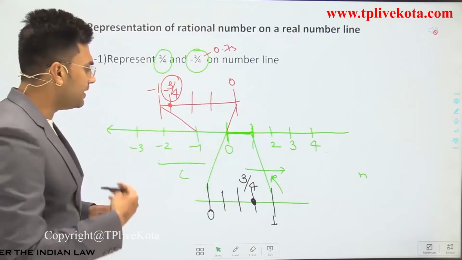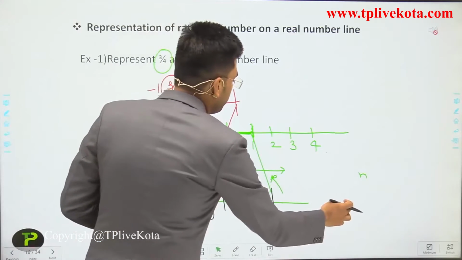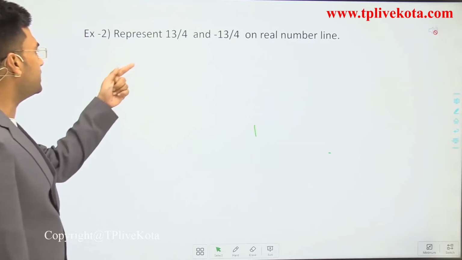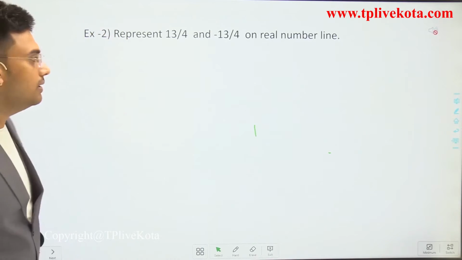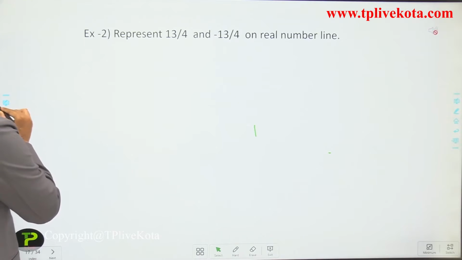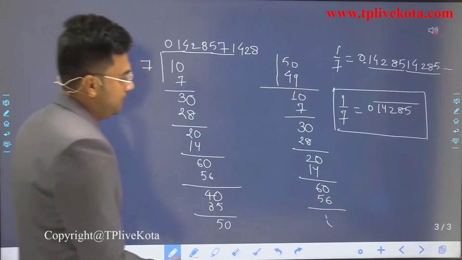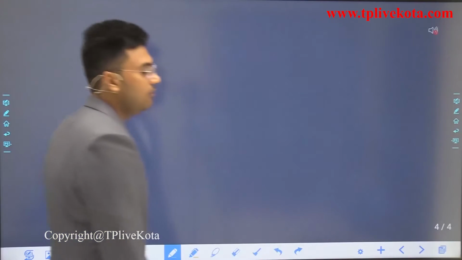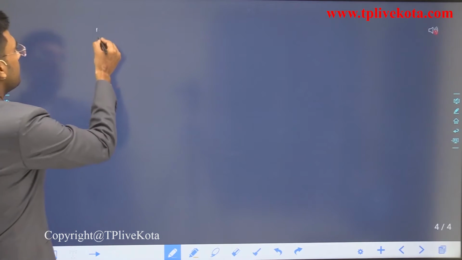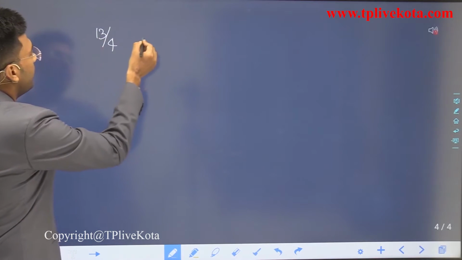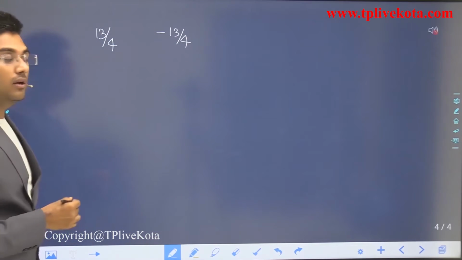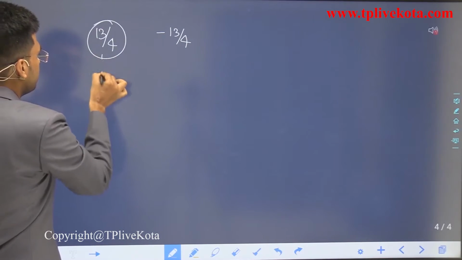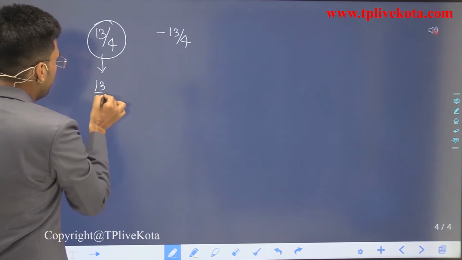Okay. For better understanding, let's take one more example. Represent 13 by 4 and minus 13 by 4 on a real number line. We have to represent 13 by 4 and minus 13 by 4 on a number line. Let's solve this number. What is it? 13 by 4.